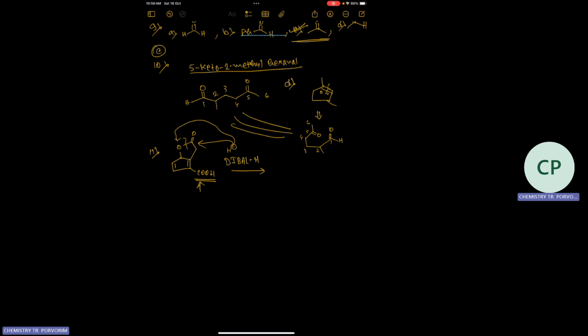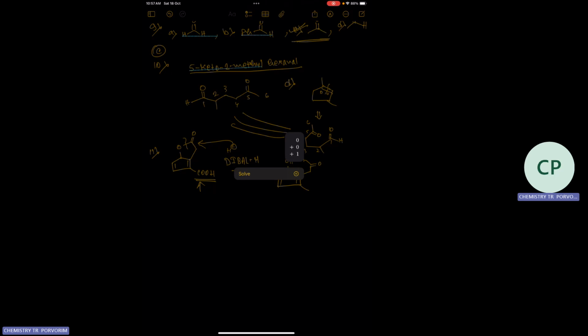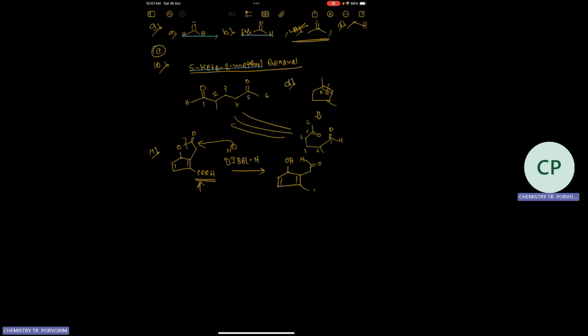Not this position. Basically, this is an O minus, and in solution you will get hydrogen ions. So you will get this product, with OH and a CHO. If hydride is donated, it can become CHO.